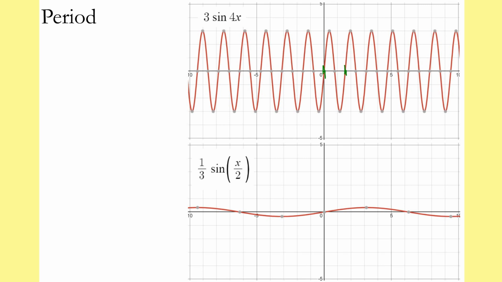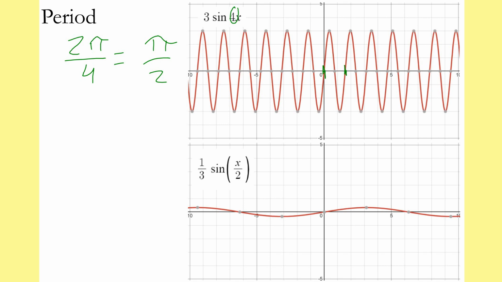It's like 1 point something. Oh, it's because I thought I picked a nice number. I didn't put pi in there. How you get the period is you do 2 pi over this number in front of the x. So 2 pi over 4. So the period for this one is pi over 2.